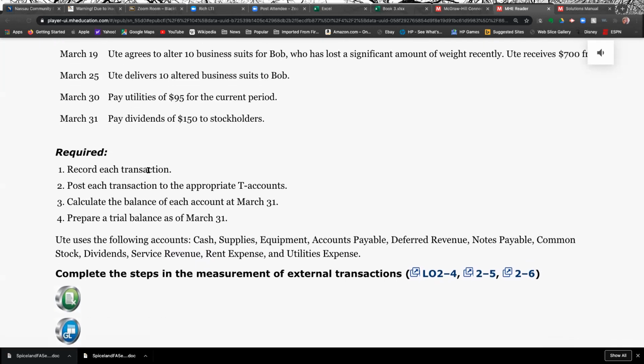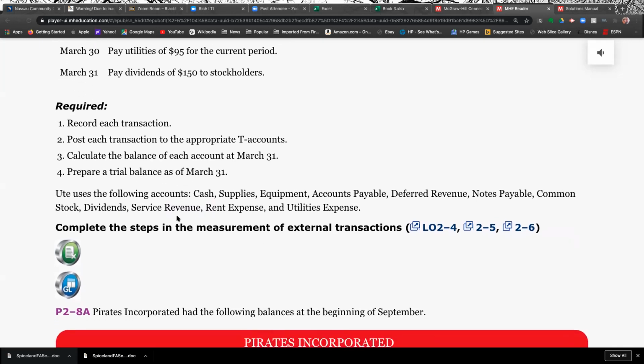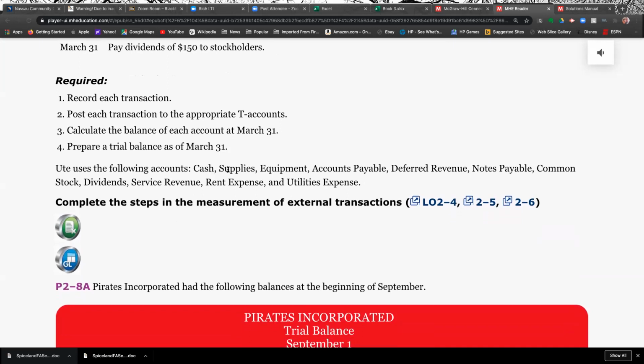Okay? And then they have some other transactions here. So what do they want you to do? Record each transaction, post to the T account, calculate the balance of each account, and then prepare a trial balance. And these are the names of the accounts that they use. So when you're trying to make your entries, these are the accounts you have to use.